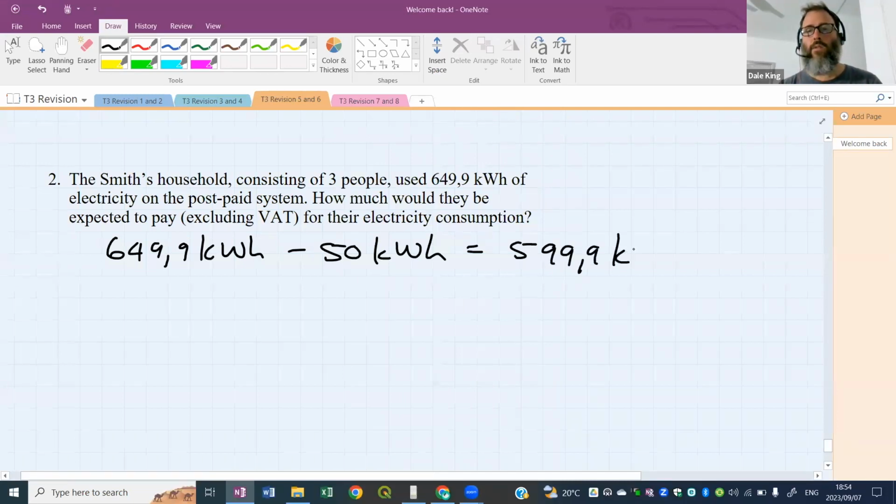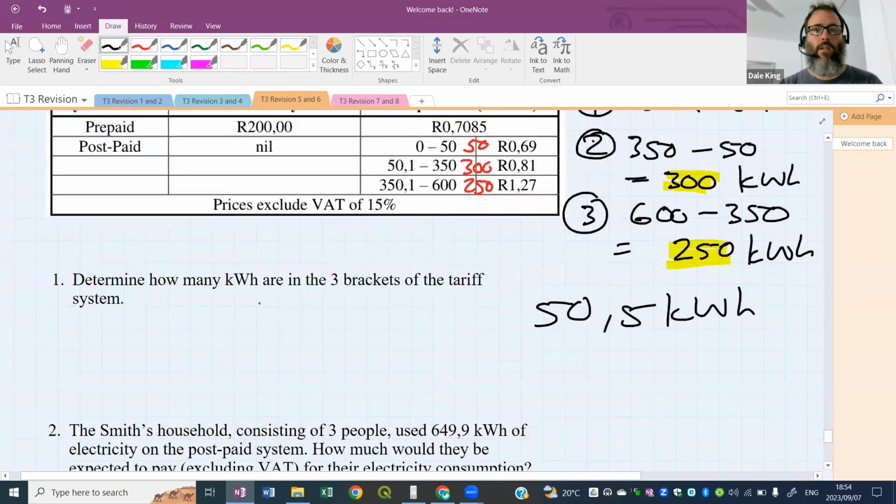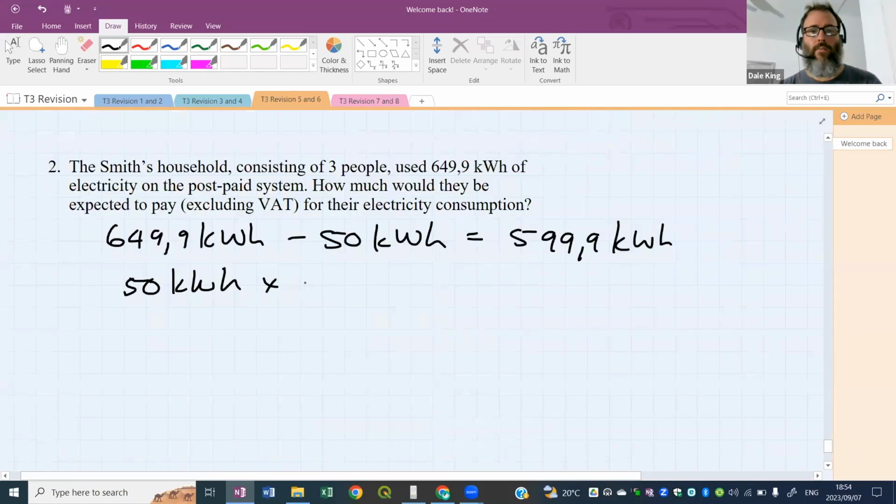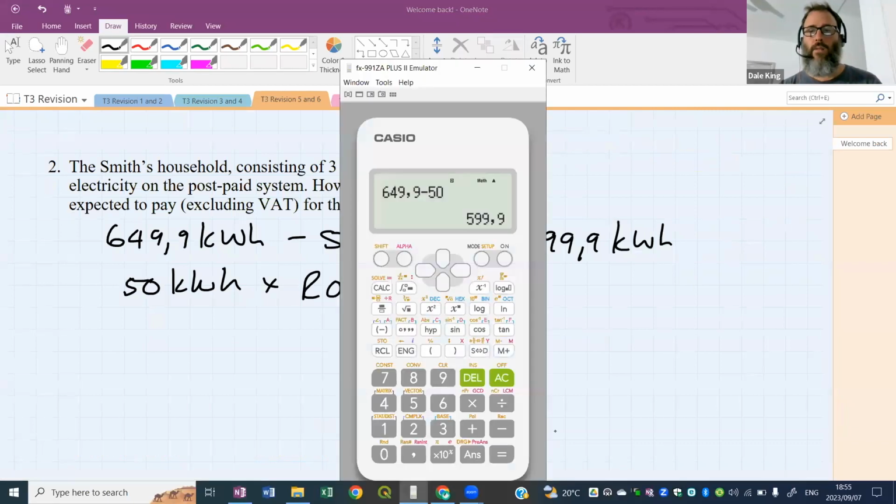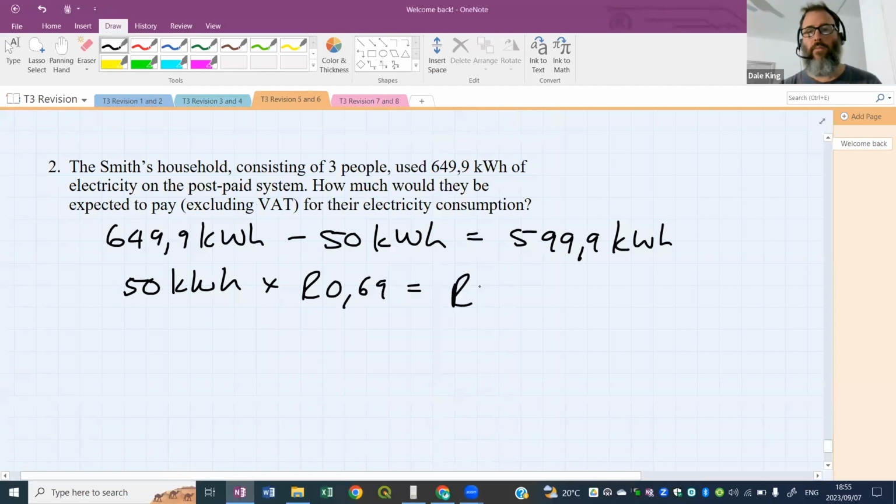That 50 must be charged at 69 cents per kilowatt. So 50 times 0.69 for each one of those kilowatts gives me 34.5.